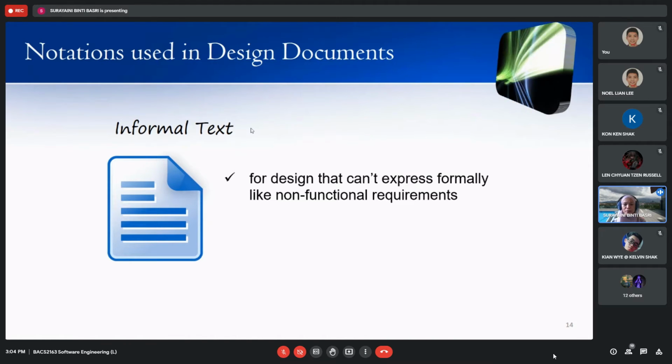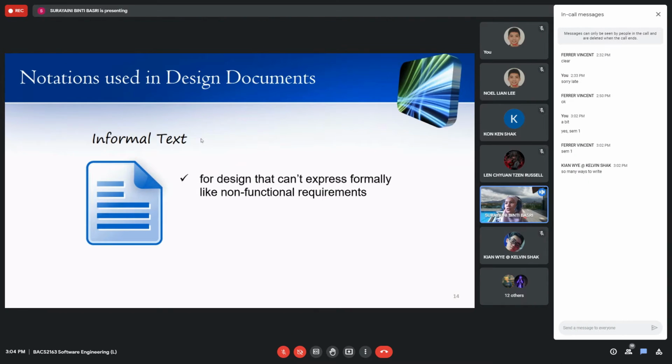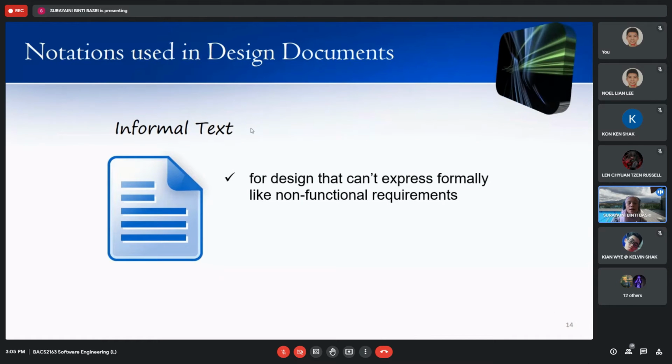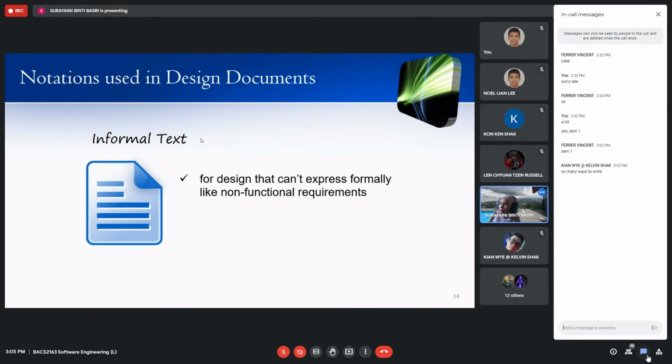Do you have any idea? If not, then of course we can only use informal text in that situation, where we cannot express the requirement in any graphical notation.